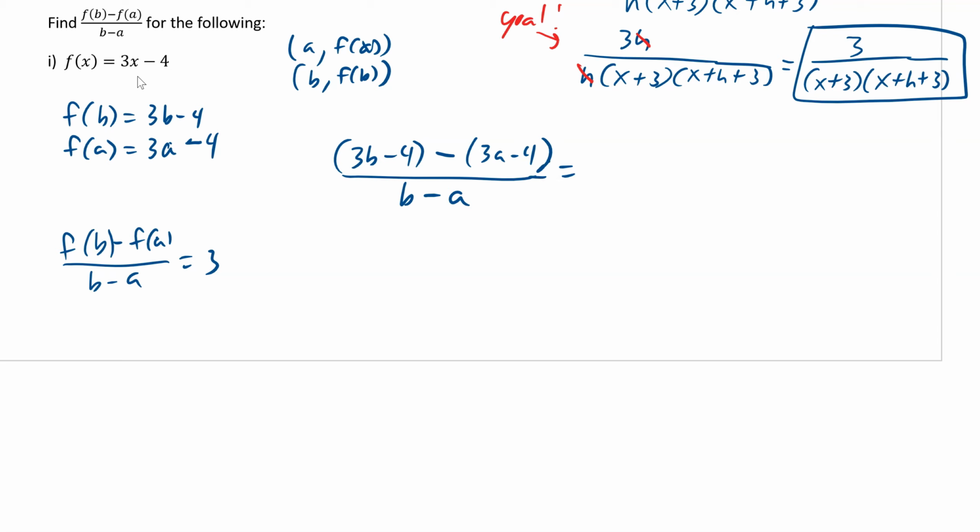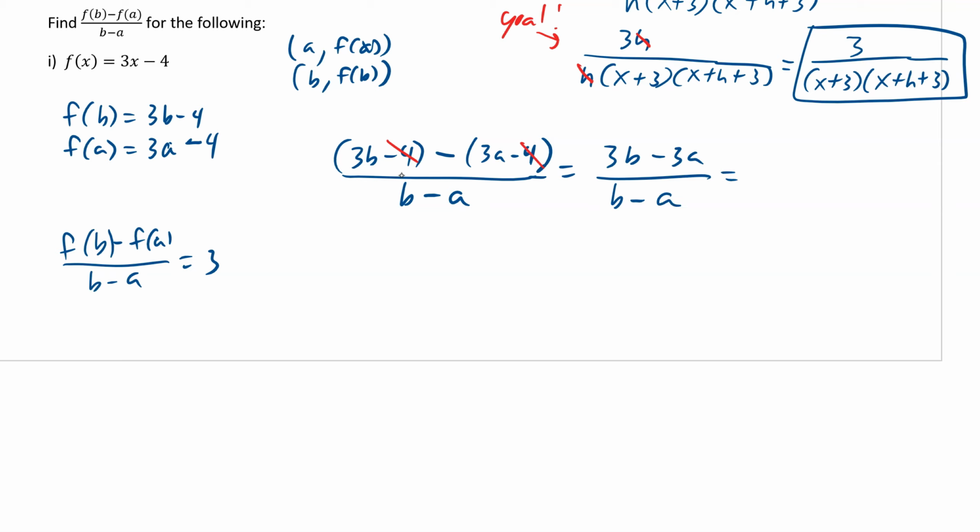So you'll see why this is less preferred. It's a little bit trickier. All right, so we get 3b minus 3a. And how do I get that? It's that same basic idea. 3b, take away 3a, and then it's -4, take away -4. Well, those are the same things. So we already know the -4 and the -4 will just subtract. And then this whole thing is over b minus a.